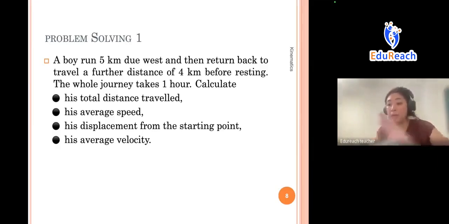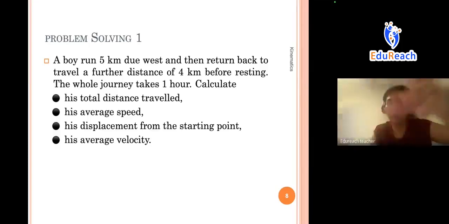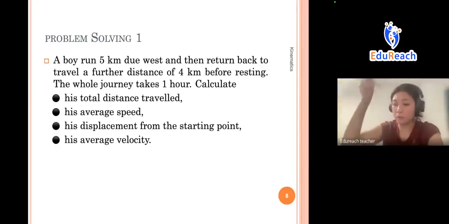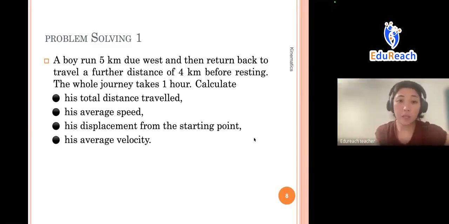But you have to ensure that they are perpendicular to each other. East is perpendicular to the north, and then west is perpendicular to the north, and also the same to the south. So these are cardinal directions. So if they say run 5 kilometers due west, from its starting position it is going in the west direction.